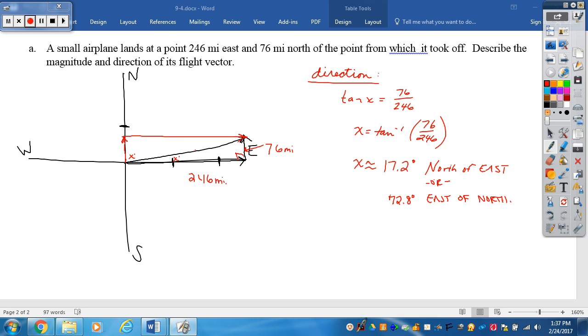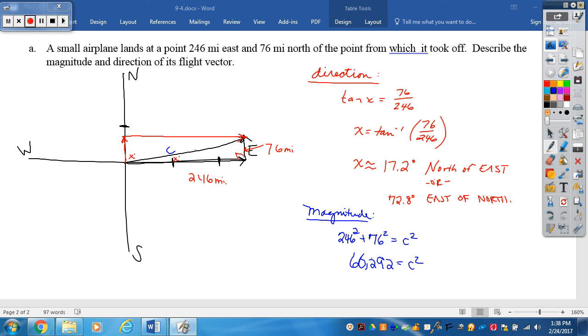Okay. For the magnitude, we want to figure out how long this vector is. We're just going to use our Pythagorean theorem. So in setting up the magnitude, we end up having 246 squared plus 76 squared is equal to c squared. Okay. And so if we square both of those and add them together, you get 66,292.